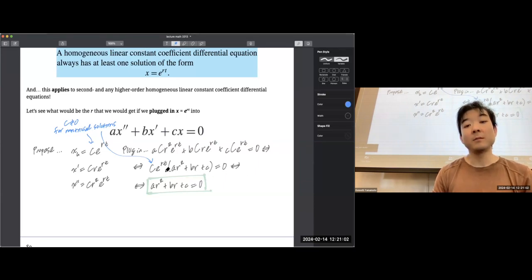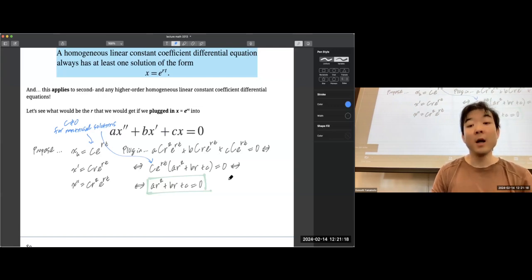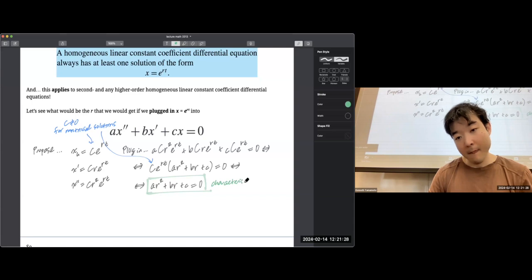You could have up to two different r's that will make this homogeneous solution form satisfy this differential equation. In other words, there are two homogeneous solutions instead of one homogeneous solution. They have one for one of the r's and another one for the other r. And this green box is called the characteristic equation. And some people call this piece, which is the left-hand piece, just the characteristic polynomial.